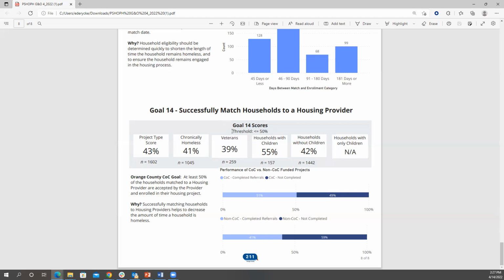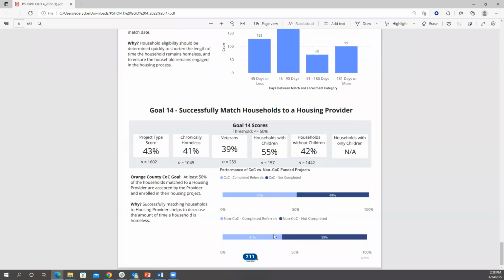Again, we have a breakdown of how COC funded projects versus non-COC funded projects are performing. And they're actually fairly close. COC funded projects are accepting referrals at a little bit of a higher rate, 51% compared to 41%.